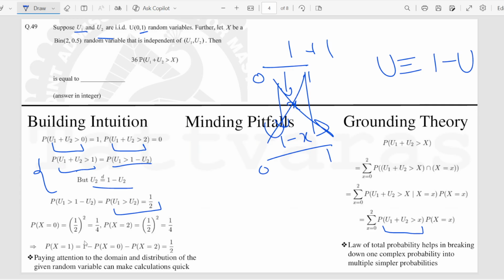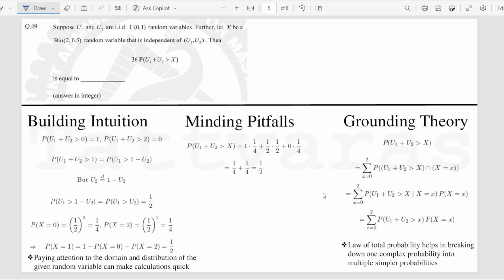Now coming to values for probabilities of X, we use the binomial distribution formula to go about it and compute them. Once we have all the values we need over here, we simply plug them in. This corresponds to X being 0, this corresponds to X being 1, this corresponds to X being 2, and we get the answer.